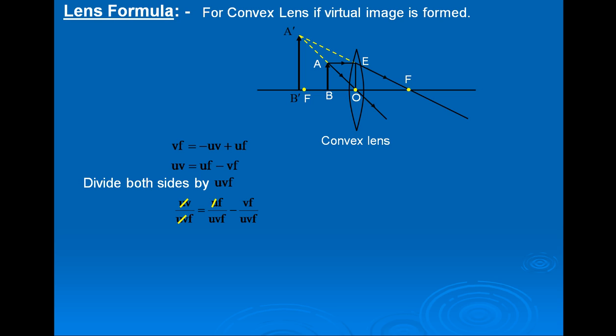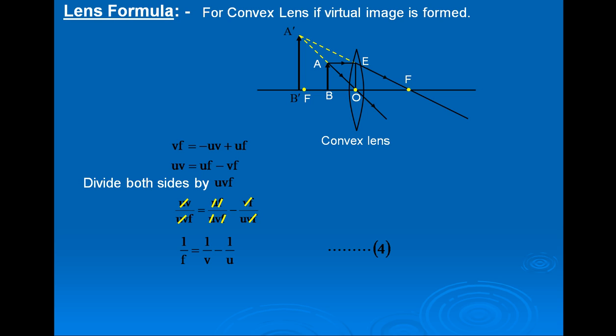In the right hand side, in the first term, u cancels with u and f cancels with f. And in the second term in the right hand side, vf cancels with vf. So we are left with 1 upon f is equal to 1 upon v minus 1 upon u.